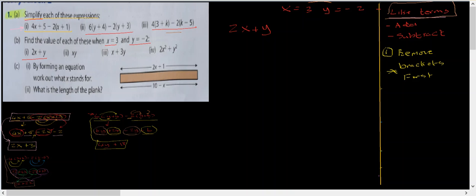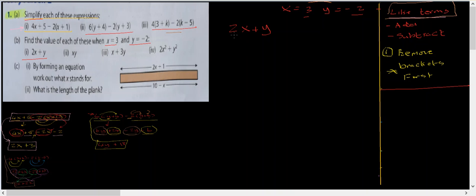So all you're doing with these ones is substituting in the value. What does that mean? You look at the expression, and wherever there's an x variable, you put in the value 3, and wherever there's a y variable, you put in the value minus 2. So let's go ahead and do that.